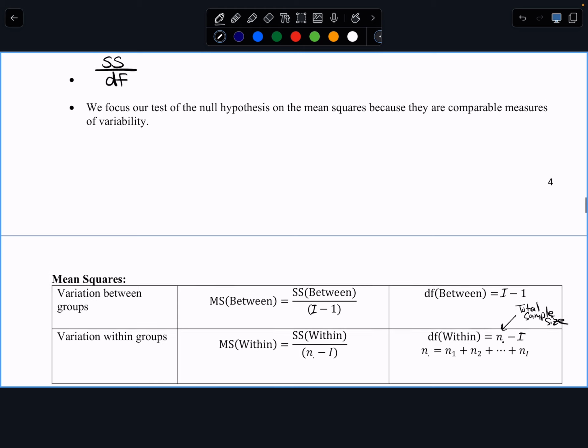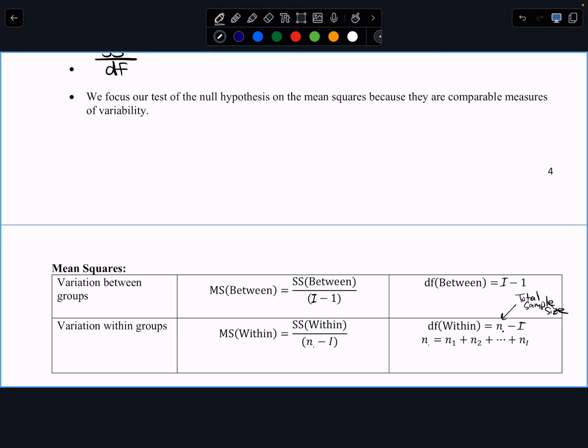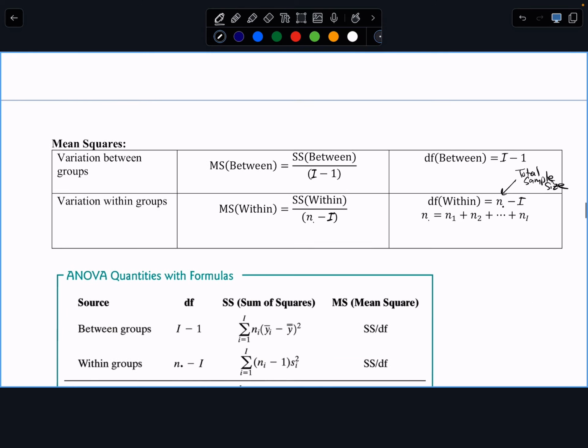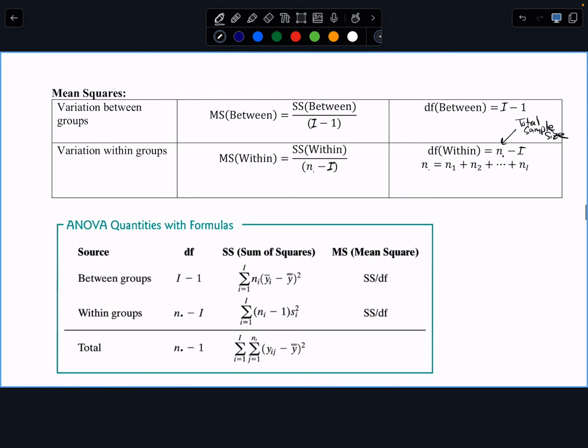So I take the sum of squares within divided by the degrees of freedom within, which is N dot, your total sample size, minus I, that's an I there, which is your number of groups.